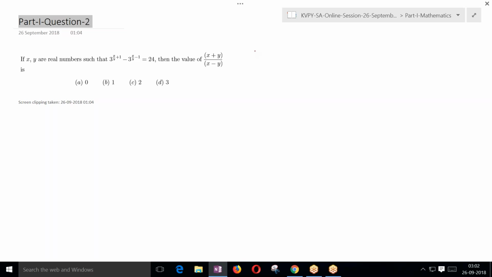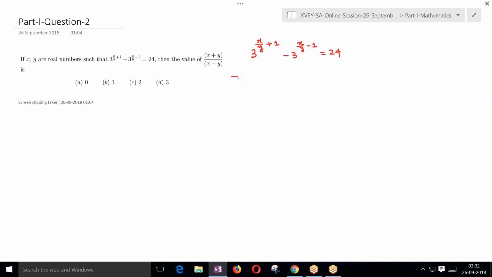According to the question, 3 power x by y plus 1 minus 3 power x by y minus 1 is equal to 24.